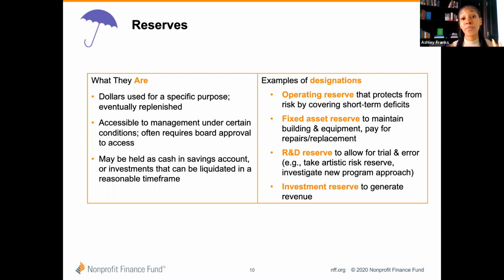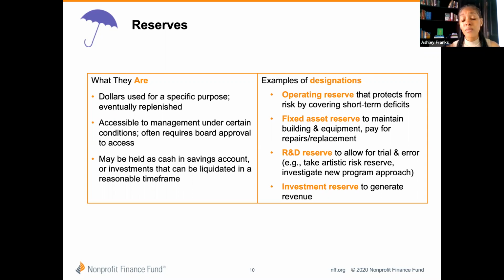Working capital is meant to be accessed day to day, week to week, month to month. That balance is constantly going up and down. Whereas reserves are typically built up over time, usually years, and then a time or a purpose comes to spend down the reserves. And that's usually a big moment for an organization.